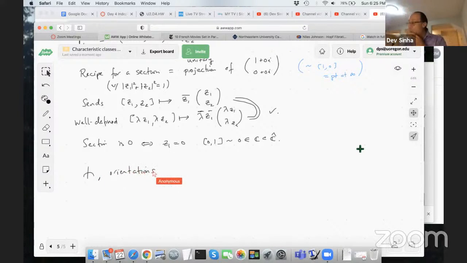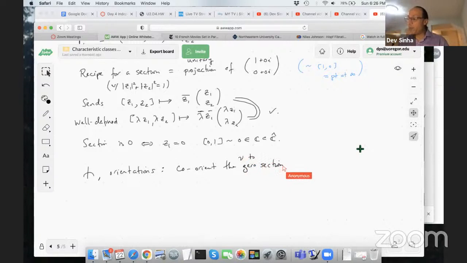What is the sign at this point? So you want to co-orient the 0 section if you want to be consistent with the geometry, with the algebraic geometry. We want to co-orient the 0 section, well, who's the normal bundle to the 0 section?